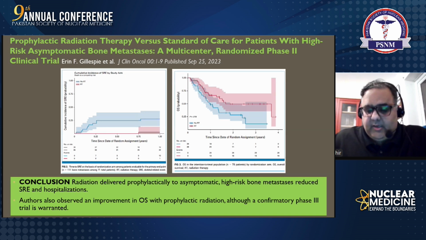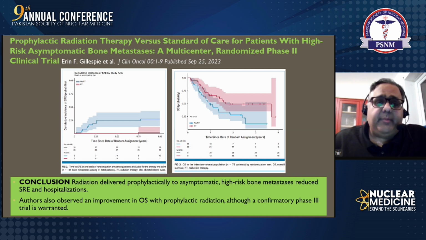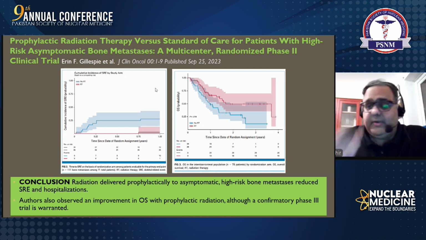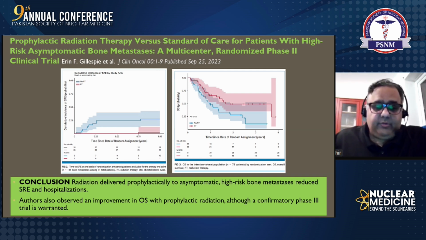Again, in a bone at risk of fracture, radiation therapy used earlier has better outcome as compared to radiotherapy for pathological fracture once they have happened. Radiation therapy also reduces the pain caused by the bone metastasis in addition to avoiding the pathological fracture.